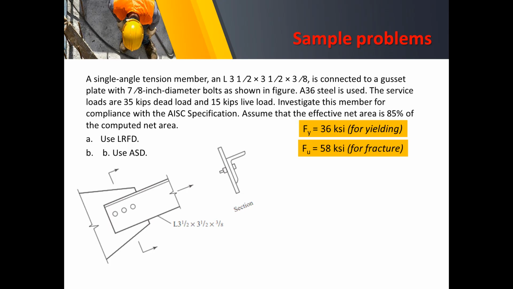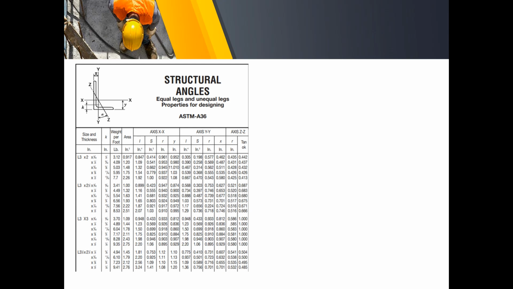Now, the area is not given but can be found in the Steel Handbook. In the Steel Handbook, you can see a lot of cross-sections because these steel shapes are standard and all of their properties are tabulated in the Steel Handbook by AISC and ASTM A36.